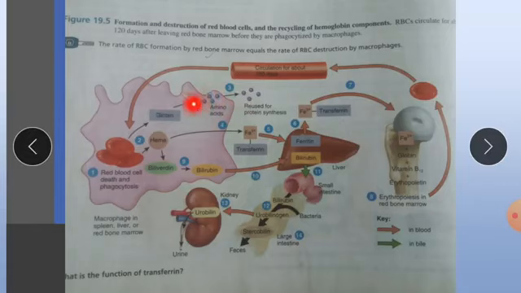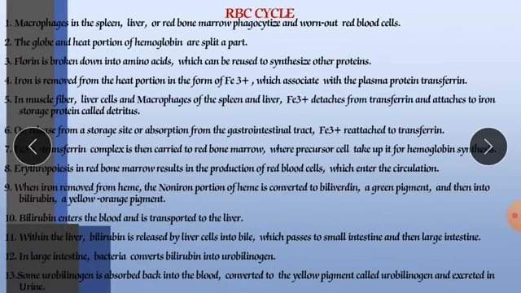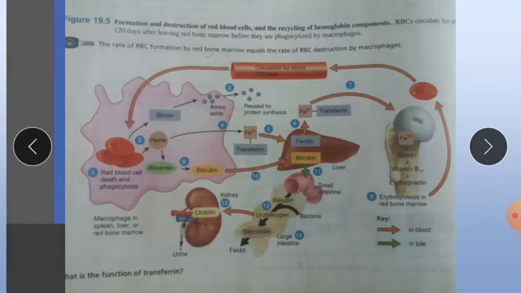They can be reused for the development of muscles or the formation of hormones or enzymes. Here the globin is broken down into amino acids which can be reused to synthesize other proteins.